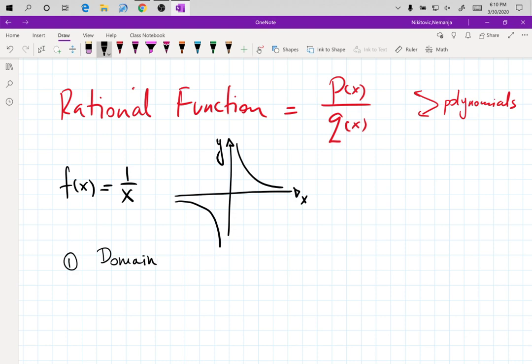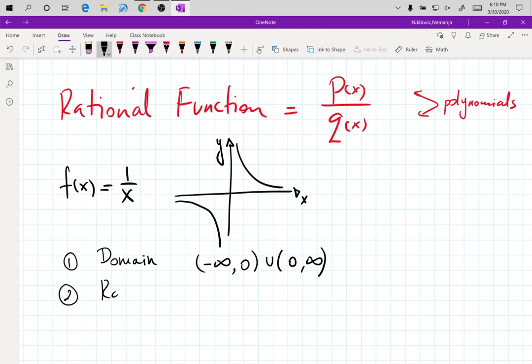Domain is going to be given as negative infinity to 0, union 0 to infinity. Domain is interrupted at 0 because x equals 0 has to be excluded from the list of values that you can compute in the function. We got that by setting the denominator to 0.